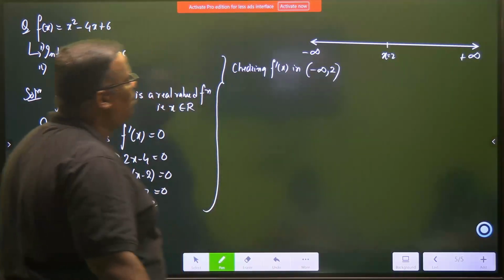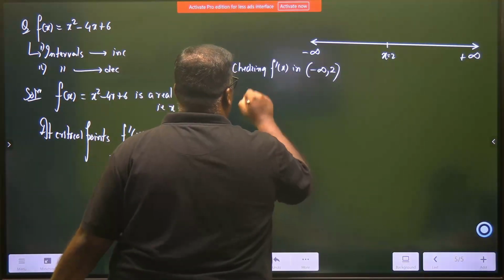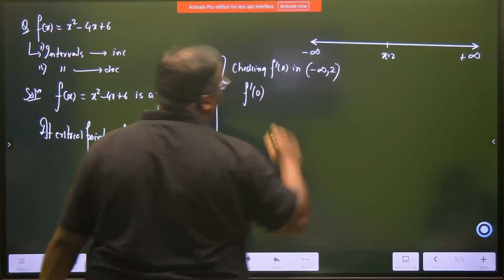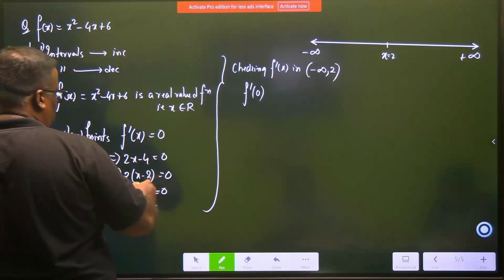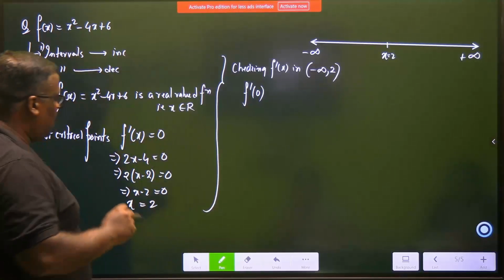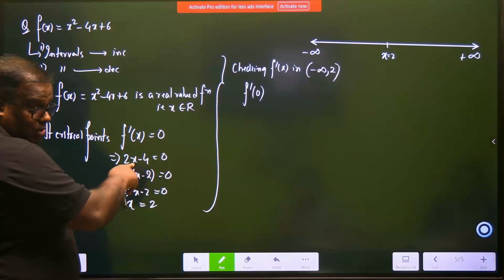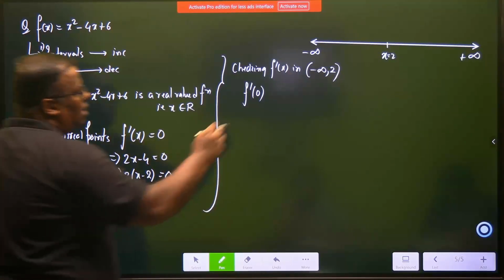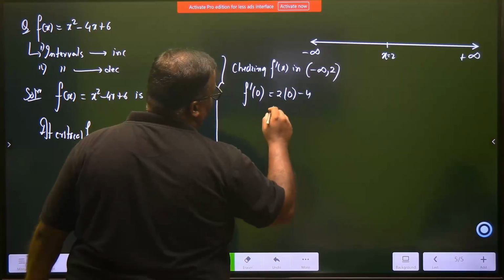So what number should I pick up, children? 0. Let's check f dash of 0. F dash of 0 will give me how much? Now, please understand. When you are taking f dash x, don't take this value. Take this value. So we take 2 into 0 minus 4.